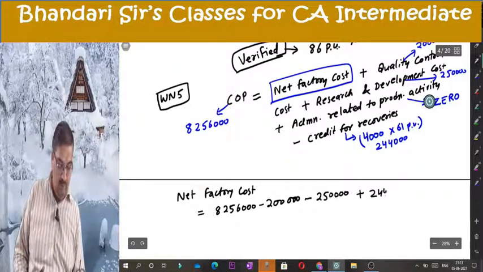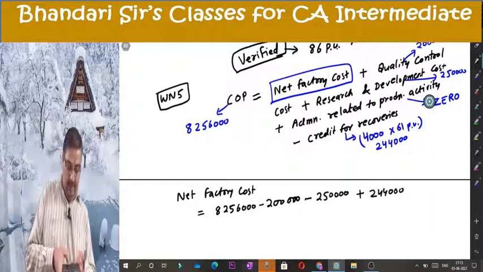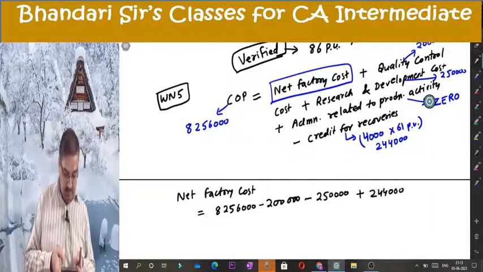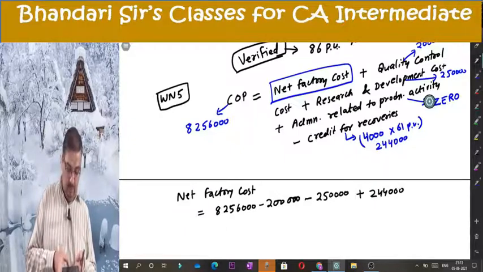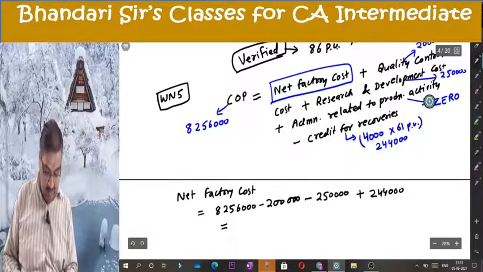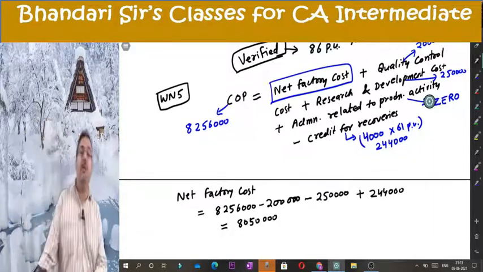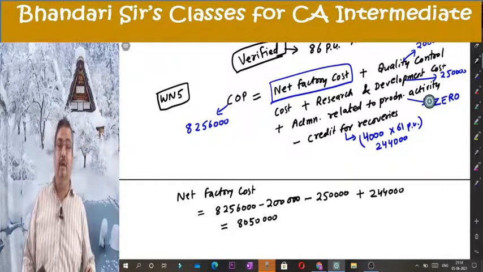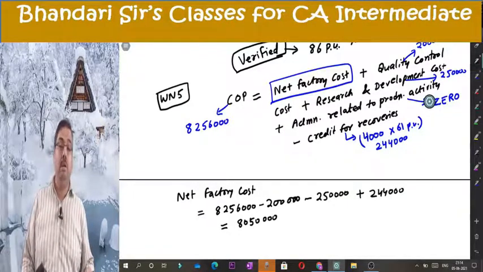Plus 2,44,000. So 82,56,000 minus 450 plus 244, I am getting 80,50,000. 80,50,000 becomes my net factory cost. What I am doing? Reverse cost computation.